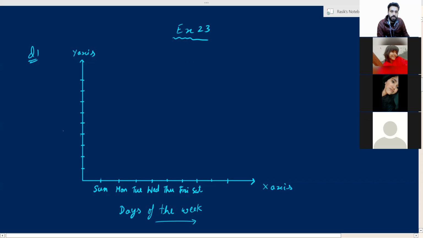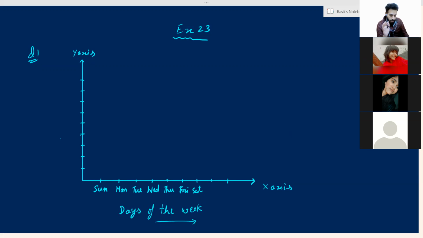Okay, and now the data that is given here, the smallest value is 25 and the largest value is 34, correct? 34.